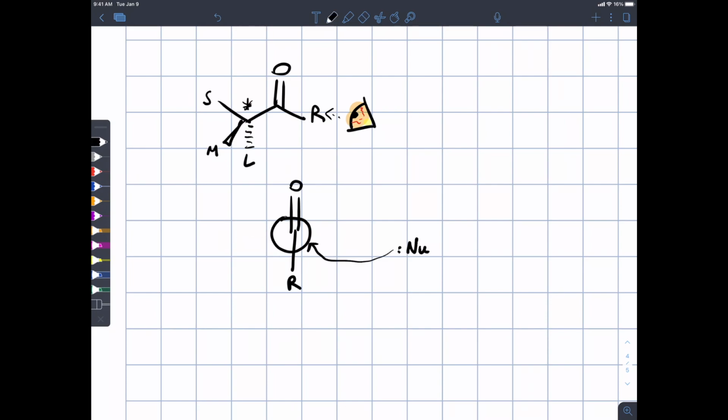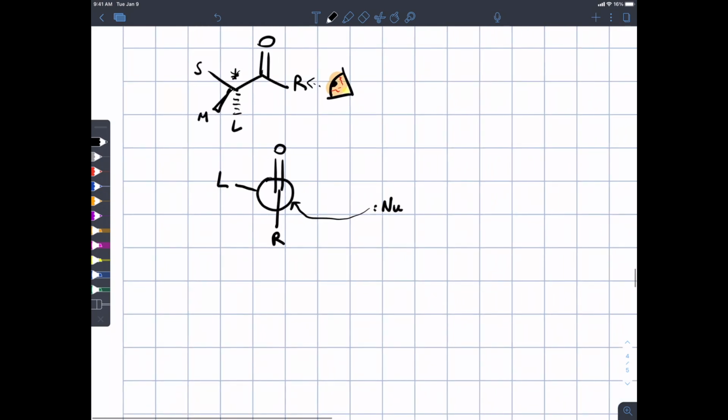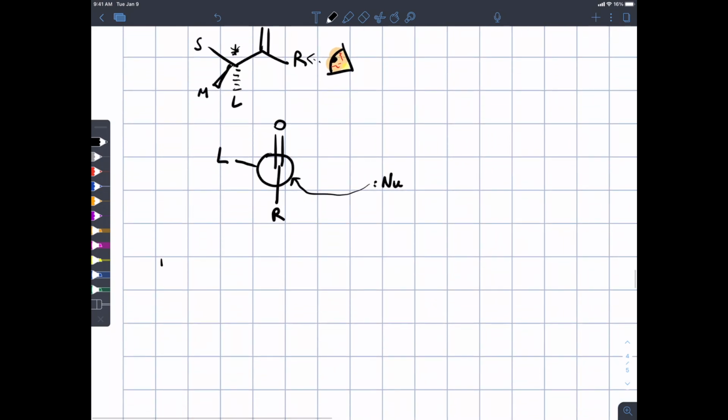And so we're going to want that largest group to be anti to where the nucleophile would come in. So that's point 1. Largest group anti to incoming nucleophile. Now, why? Why should that be the case?